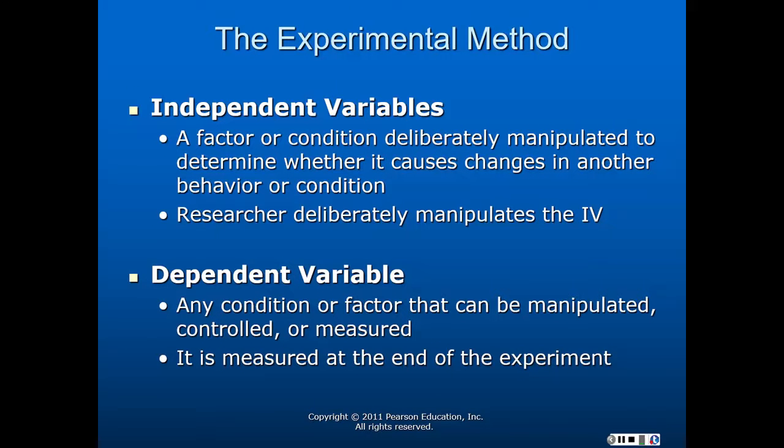The independent variable is a factor or condition deliberately manipulated to determine whether it causes changes in another behavior or condition. That is the variable that is actively manipulated. The independent variable can be some form of treatment or some form of intervention.